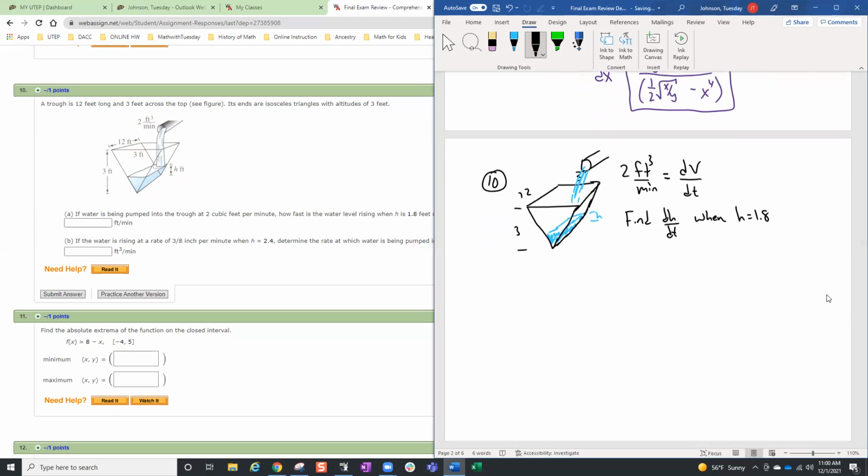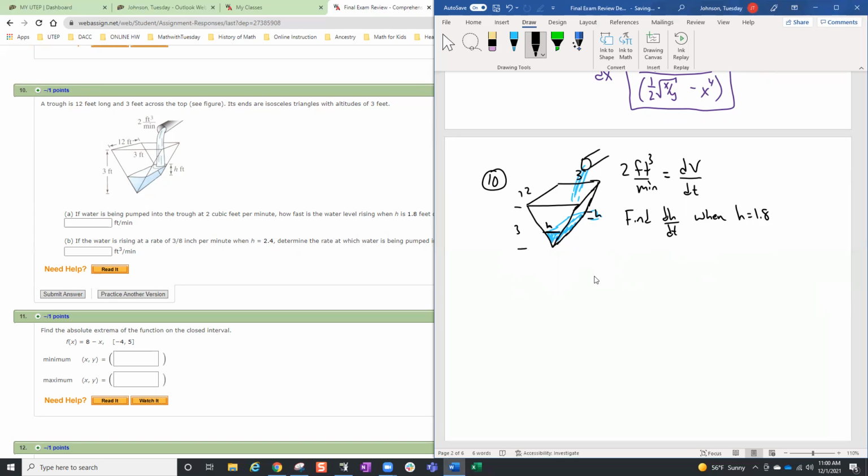And then I just had this minute of, oh no. But it's okay. Since this height is 3 and this width is 3, we happen to know that this length here is also H. Whatever the depth of the water is, it's also the length across the trough, just because of how the trough is set up.